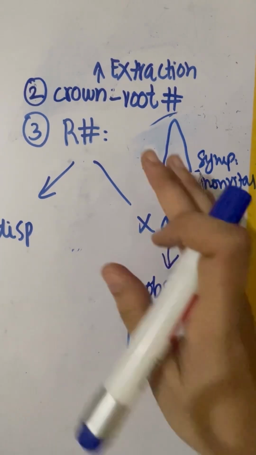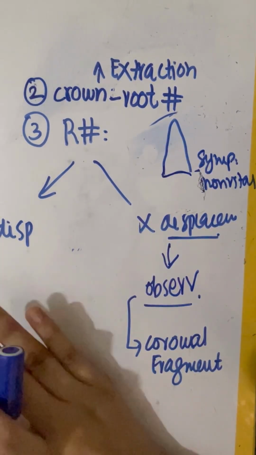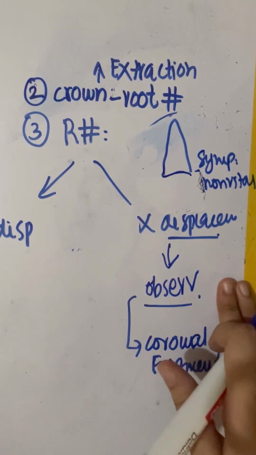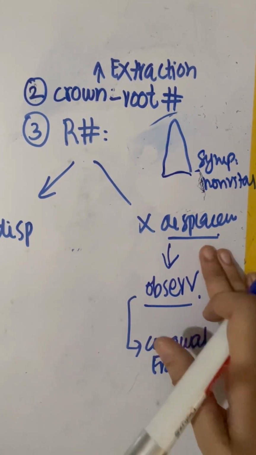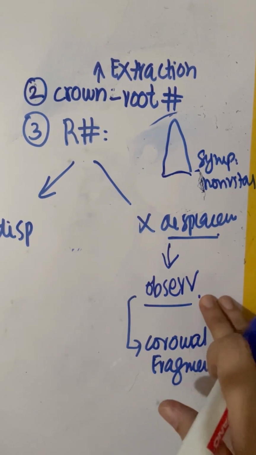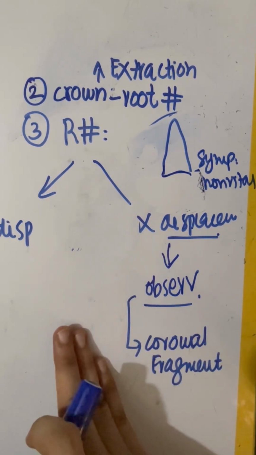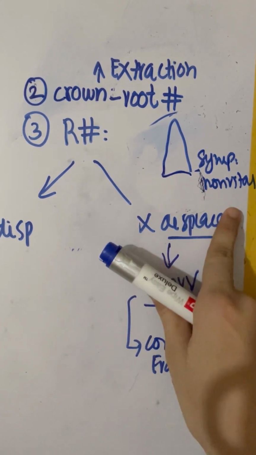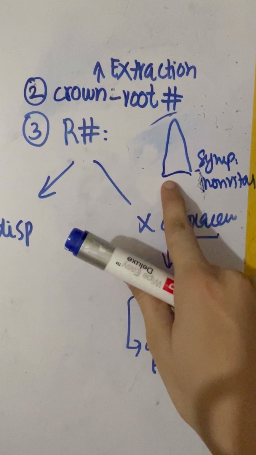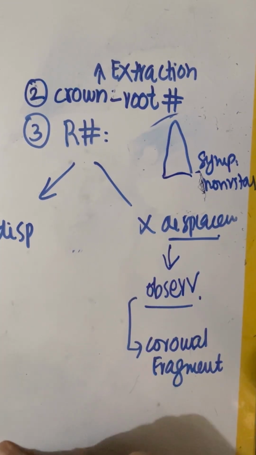So the third type of injury is root fracture, which we divided into displacement and no displacement. If there is no displacement, we will keep it under observation. But if there is no displacement, but the coronal fragment is symptomatic and non-vital, we will remove the coronal portion.